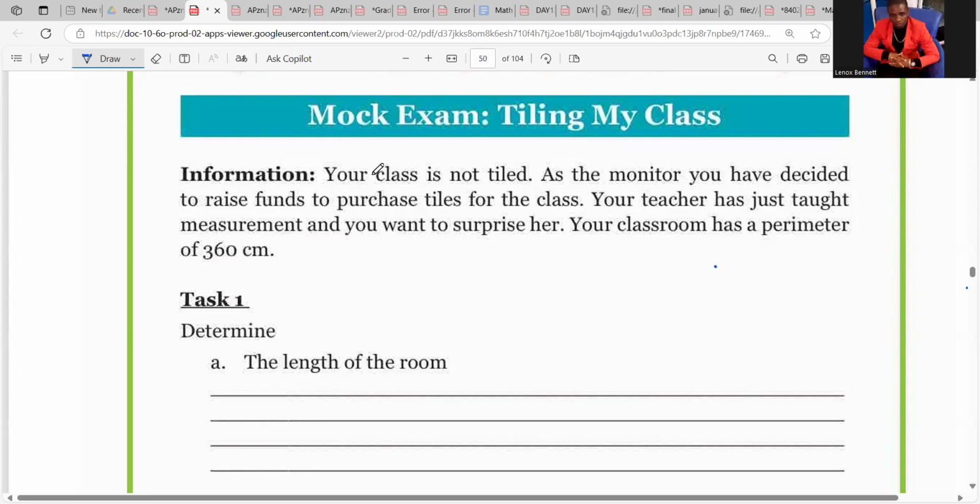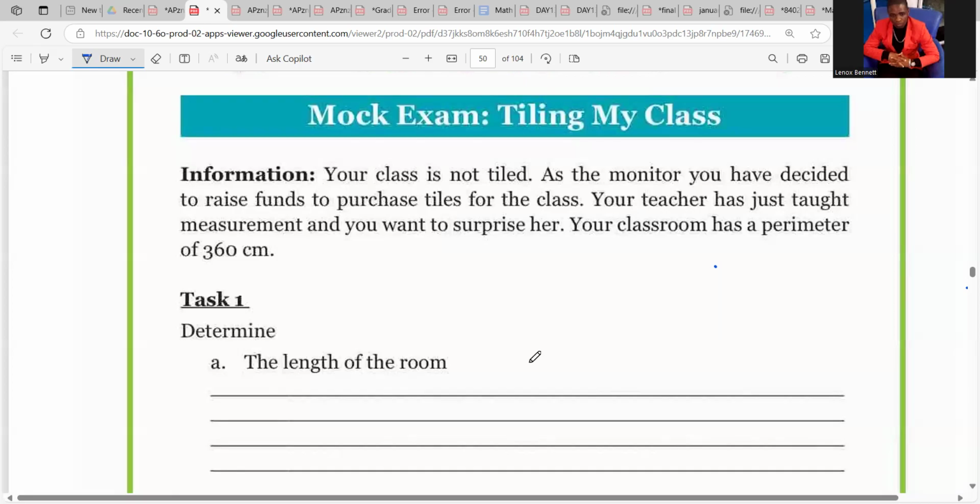So the information says your class is not tiled. As a monitor, you have decided to raise funds to purchase tiles for the class. Your teacher has just taught measurement and you want to surprise her. Your classroom has a perimeter of 360 centimeters. So first is to determine the length of the room.